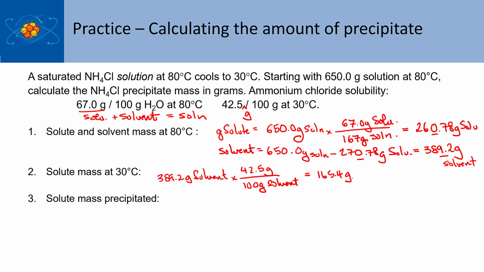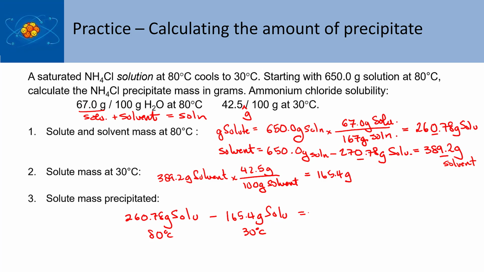So how much precipitates out? That's going to be the difference of what I started with in solution minus what I ended with in solution. So I'm going to go 260.78 grams of solute, this is at 80 degrees Celsius, minus the 165.4 grams of solute at 30 degrees Celsius.